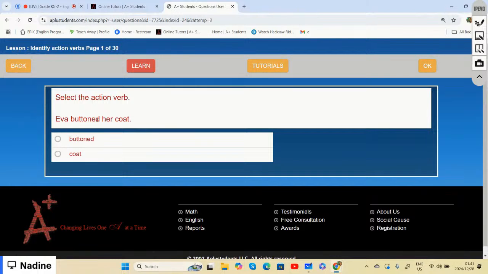It says Eva buttoned her coat. So now the question is, what is Eva doing? Or what did Eva do? Is it option one, buttoned, or option two, coat, her coat? Which one is correct? Is it buttoned, option one, or coat, option two?